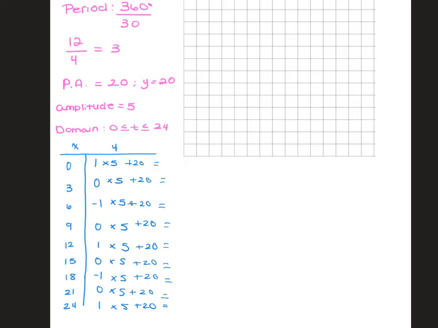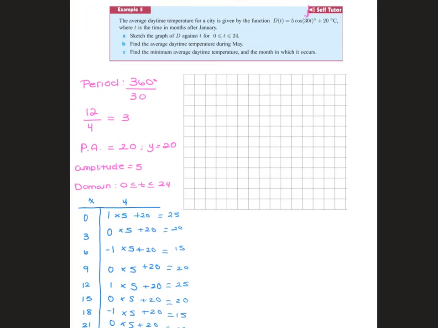So you start out with 25, then 20, then 15, then 20, then 25, so it's repeating, then 20, then 15, then 20, then 25. All right, this is enough information for me to graph the function that is modeled by the equation.